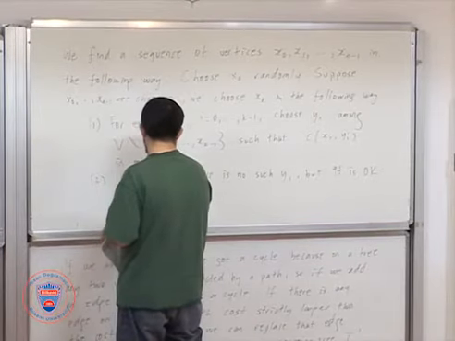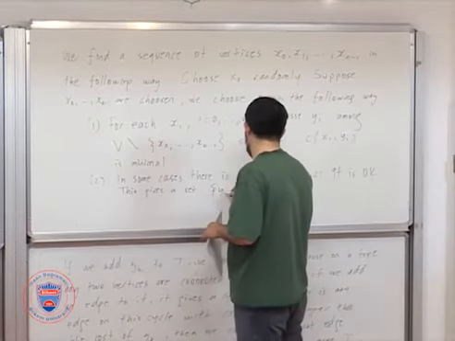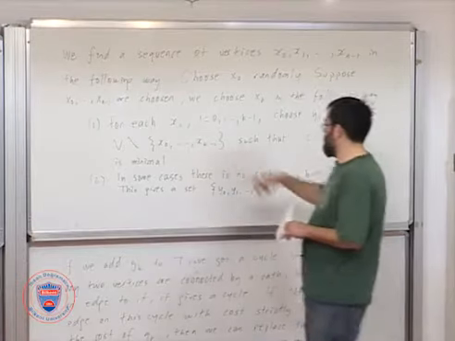This gives a set y0, y1, up to y(k-1), because we choose it for each of them.